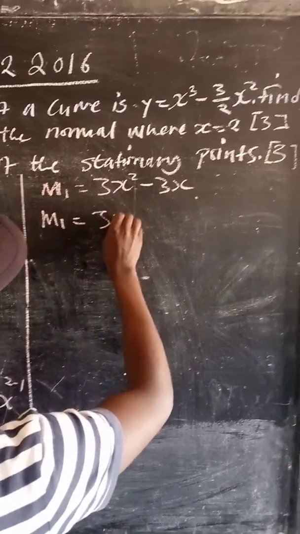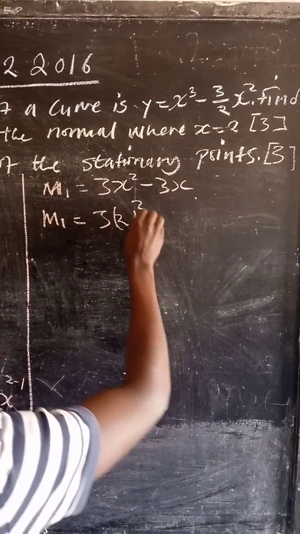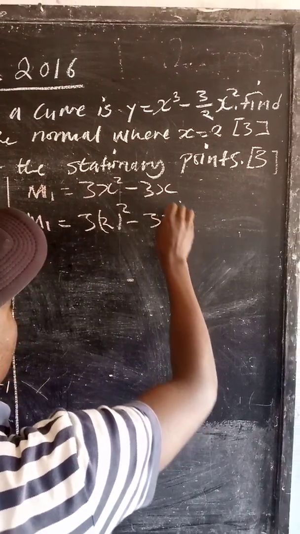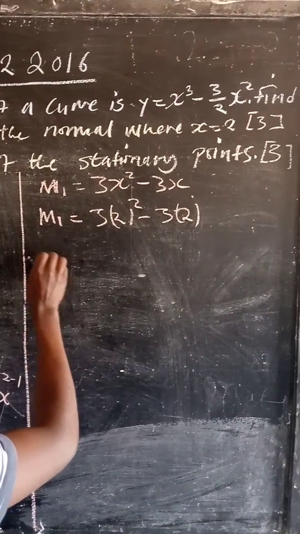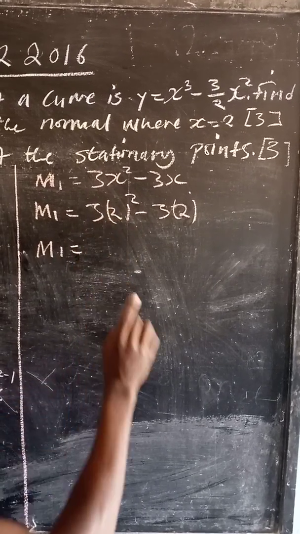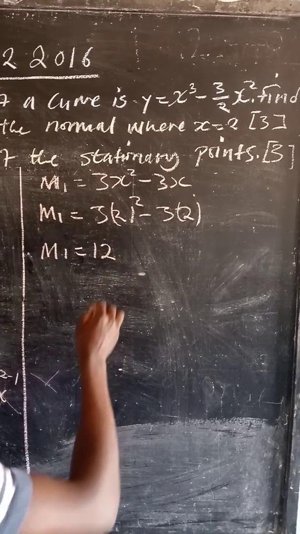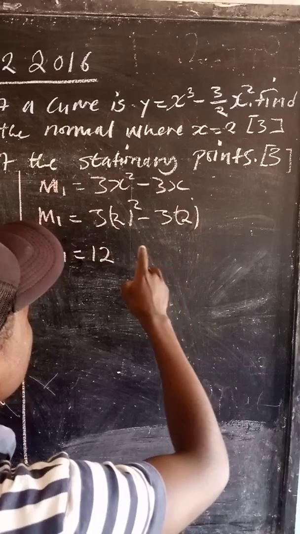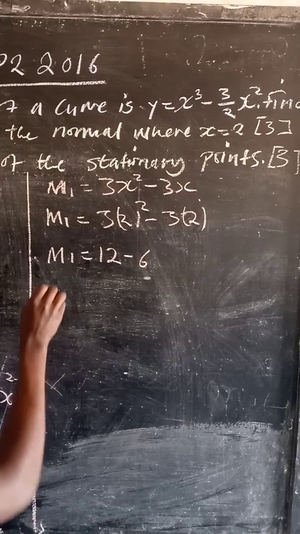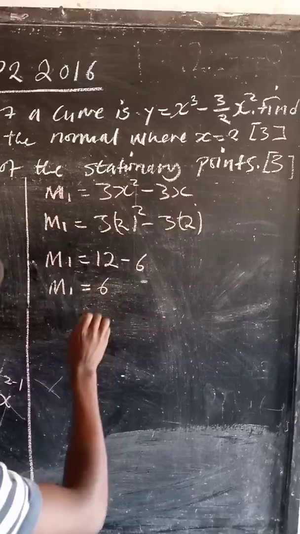So m1 is equal to 2 times 2, it is 4. 4 times 3, it is 12. Then 2 times 3, it is 6. Then our gradient of the tangent is 6.